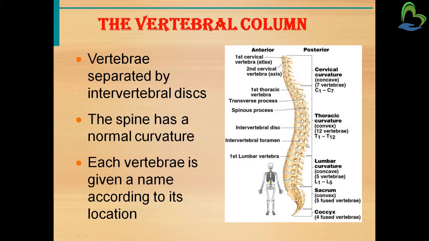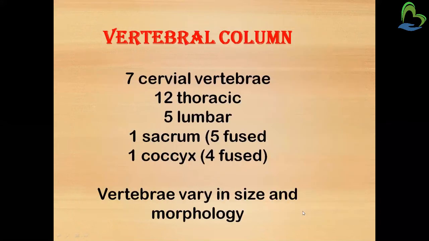And this is the thoracic curvature which contains T1 to T12, that is 12 vertebrae. Then the lumbar curvature which contains 5 vertebrae, L1 to L5. Then the sacrum, that means 5 fused vertebrae, and the coccyx, that means 4 fused vertebrae. Here it is 7 cervical, then 12 thoracic, then 5 lumbar, and 1 sacrum and 1 coccyx. And the vertebrae differ in size and morphology.